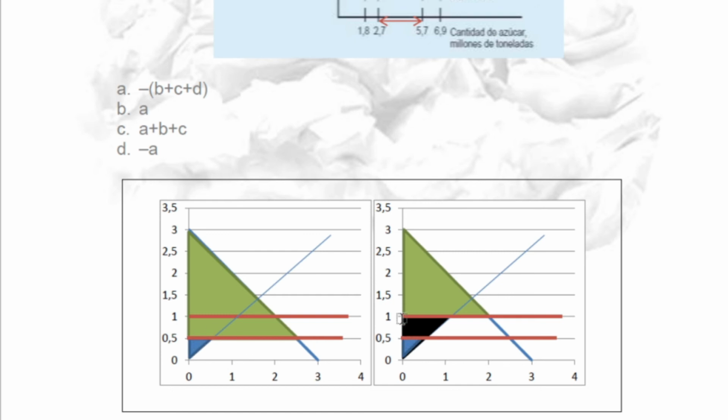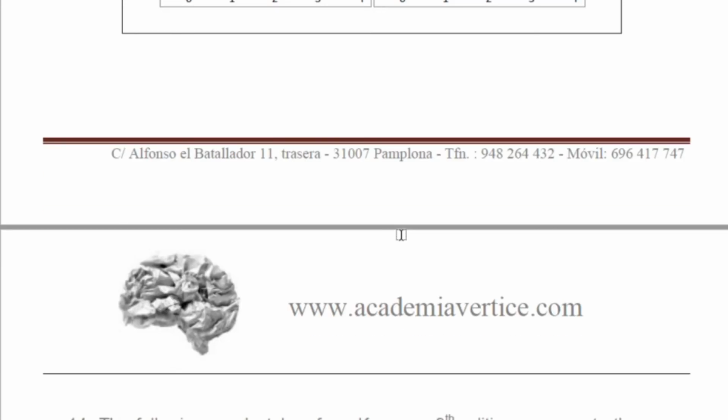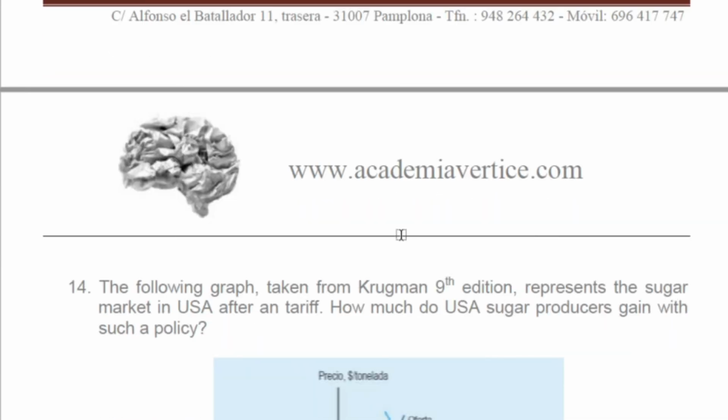After this policy, they gain a little bit more, the blue triangle plus this black area. So the gain is this black area. If we look for that area here, we call it A. So the answer is clearly A.